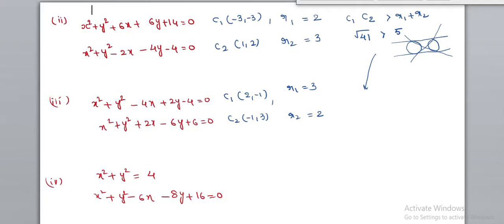One minute, please observe. C1 C2 is equal to R1 plus R2. So the two circles touch externally and the number of possible common tangents are 3.